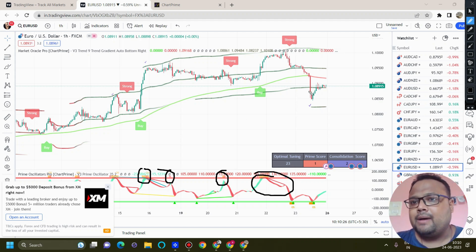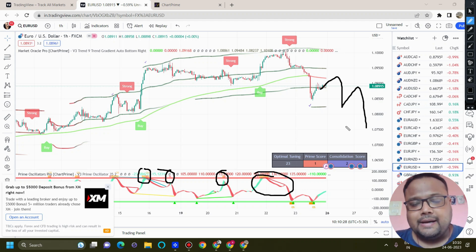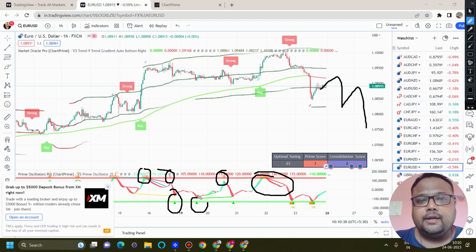So if the trend of the market changes by next week, then try to use the oscillator to find sell positions, and in case the market continues the upside, then use the oscillator to find buy positions. Here you can see that almost all the buy positions on the chart of EURUSD did a pretty good job. Why? Because the trend of the market was towards the upside.